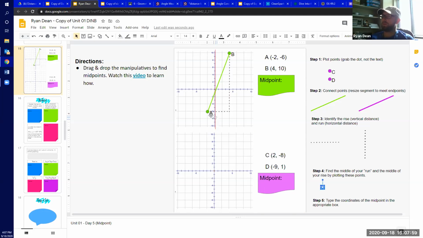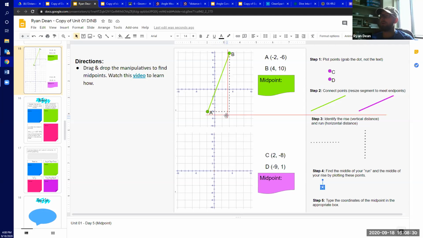The way that you would do that, we're going to count the total number of spaces it takes to get from A to B, which is 1, 2, 3, 4, 5, 6. I'm counting the spaces because we have the hash marks in between. So it's a total of 6. So from A, I need to go to the right 3. That's 1, 2, 3.